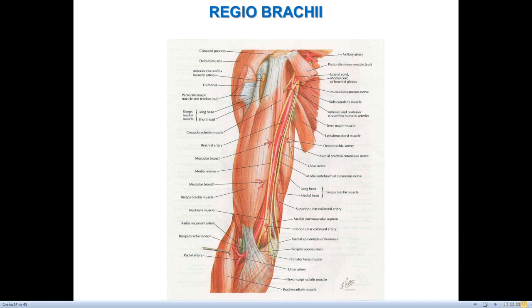And also here rests arteria profunda brachii. The very near location of the radial nerve to the bone is a very big trouble, especially during fracture of the middle part of the bone.